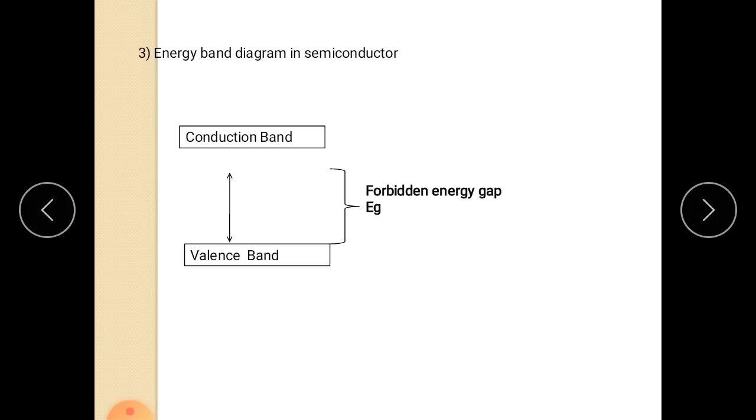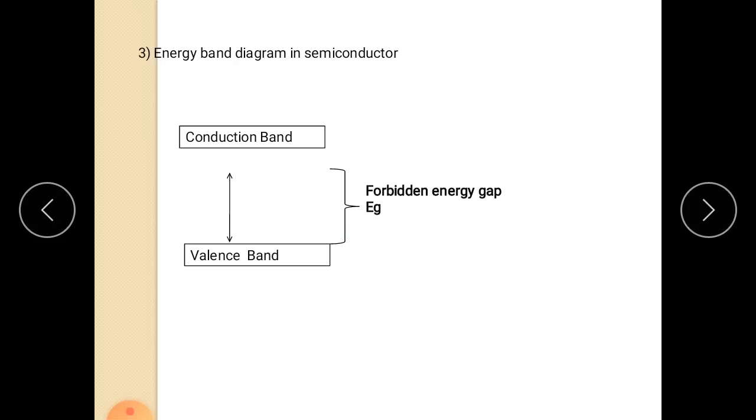As temperature increases, the forbidden energy gap decreases and the valence electrons can jump to the conduction band, and the conductivity of the semiconductor increases with temperature.